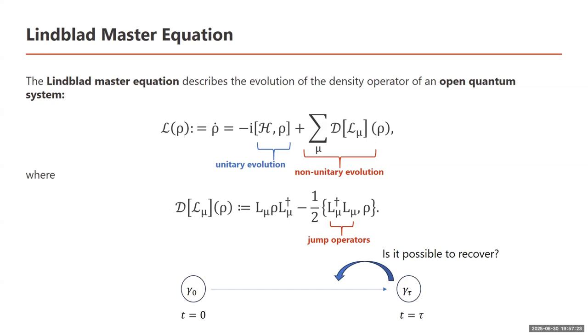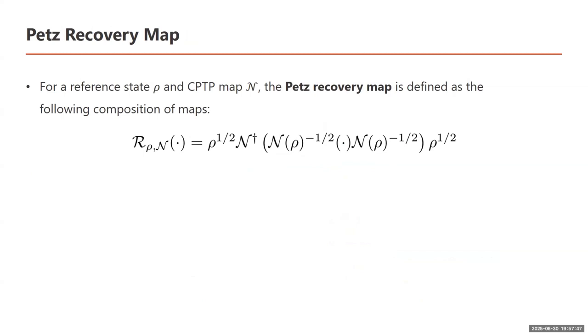In other words, can we reverse the effect of this non-unitary evolution? This is an important and central question in quantum information, and in this presentation, we'll look at how the path recovery map provides a way to solve it.